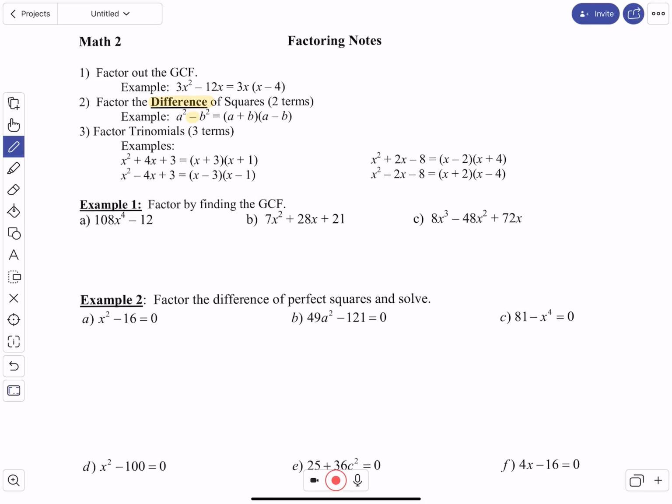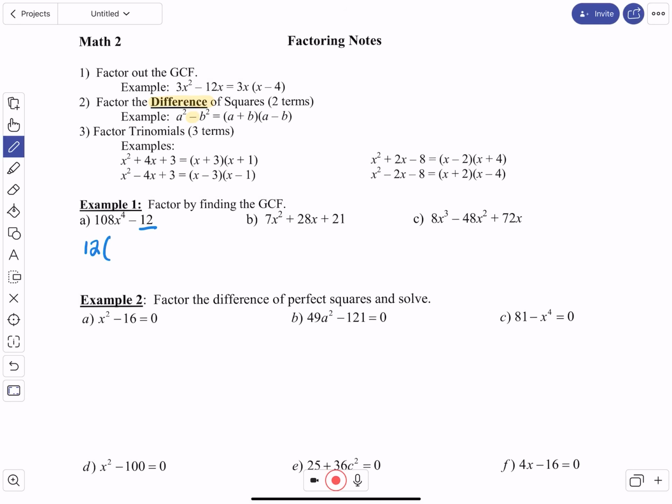What's a number that will go into 108 and 12? The key here is, I always like to start with my smallest number and see if 12 will go into everything. So I'm going to see if 108 is divisible by 12, and it is. 108 divided by 12 is 9, so 12 is my GCF.